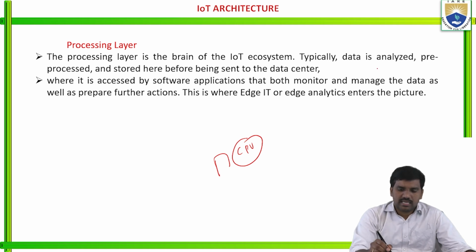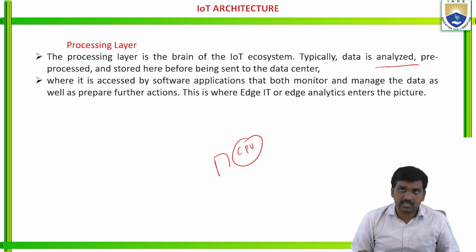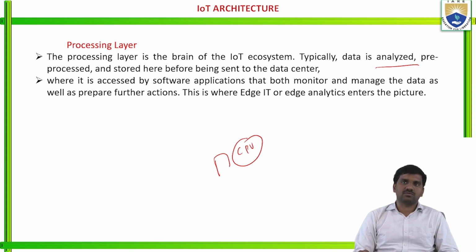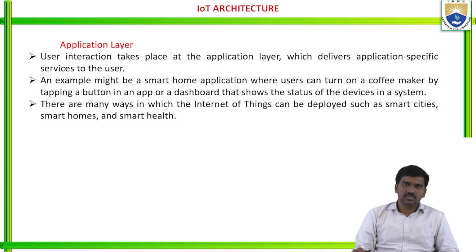Typically, data is analyzed, pre-processed, and stored here before being sent to the data centers, where it is accessed by software applications that monitor and manage the data as well as prepare for further actions. This is where Edge IoT or edge analysis enters the picture. So this is about the processing layer. Next, the application layer.